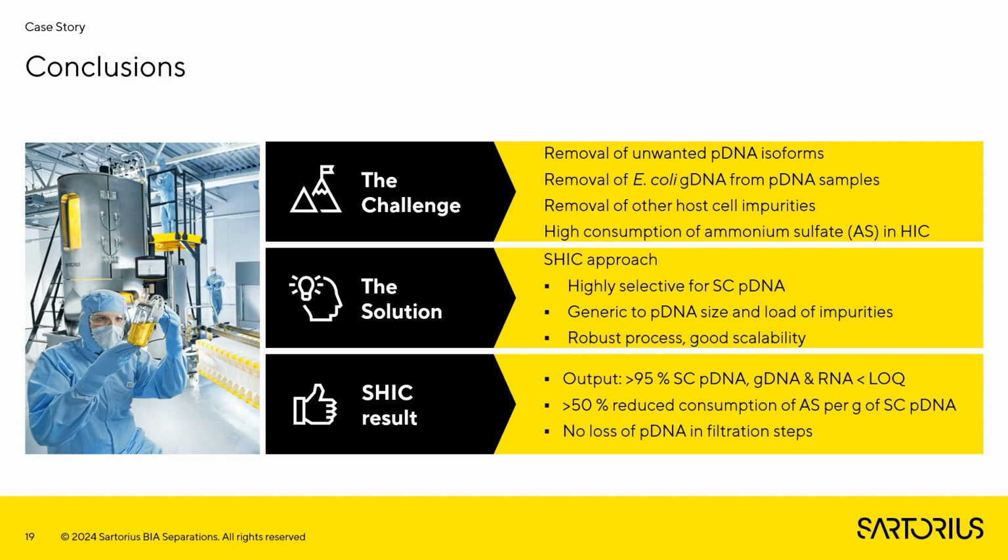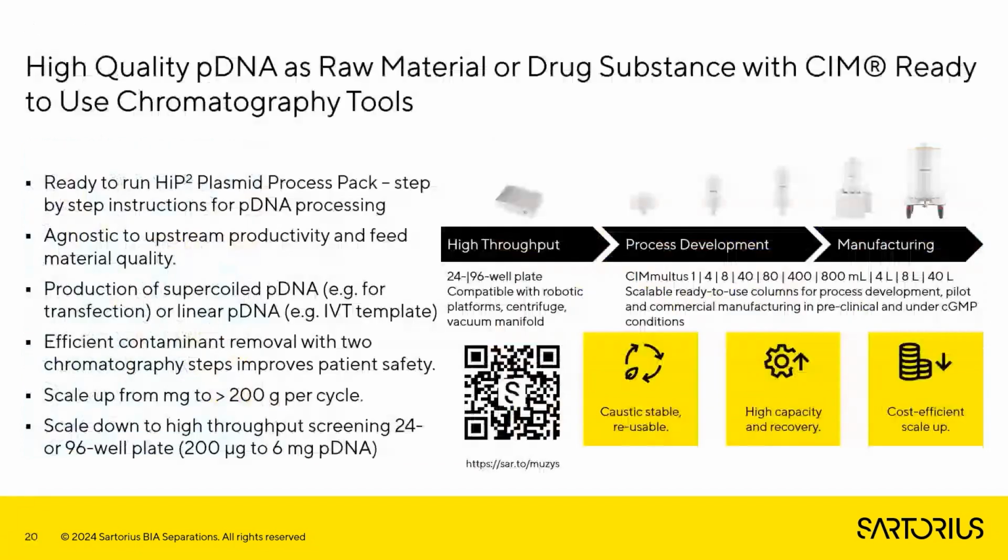And so connected also with Justina's presentation, we can here say that Sartorius Bioseparations offers complete solution for purification of plasmid. It's called HIP2 plasmid process pack and includes not only columns, but also protocols which are developed in-house here in our process development team and then transferred to the customer site.